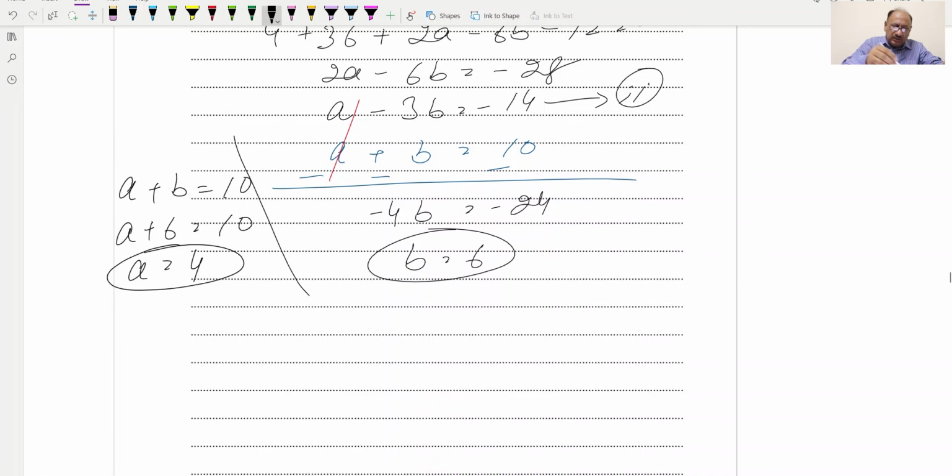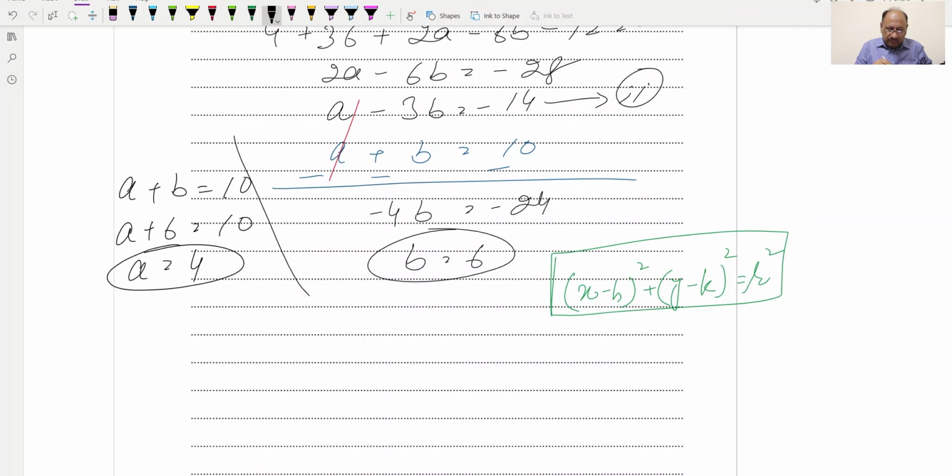We know the general equation of the circle is what? This is the standard form: (x minus h) squared plus (y minus k) squared is equal to r squared. So this is the format in which we will be writing the equation.